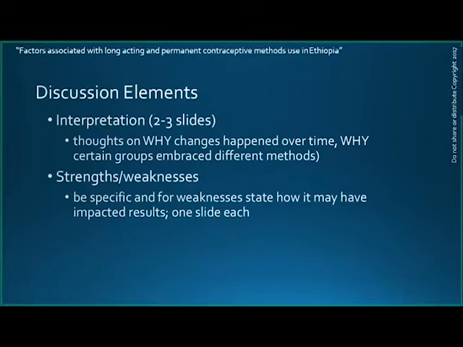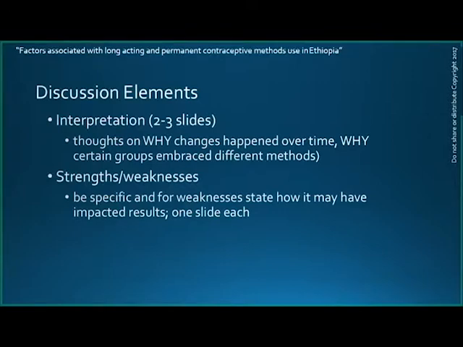So I would encourage you, on both the strengths and the weaknesses, to be very specific about what the weaknesses are and, importantly, how they may have impacted your results. For example, if you think there might be a bias in your data, let's say women underreported using contraception across your entire sample, then this is going to bias your odds ratios toward the null, or toward one.